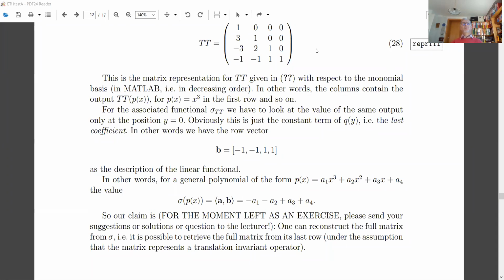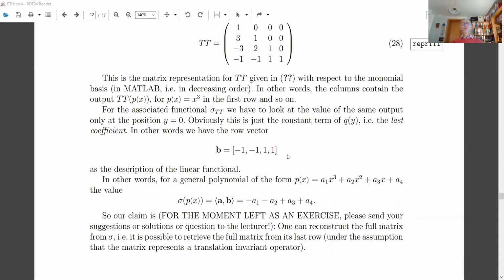Now, we don't have to do very much anymore, because if somebody is asking you, I have a polynomial, let's say the output of x to the third. It's another polynomial q of y. And what is the value at 0? It's clearly just the constant, because all the x to the k with k larger than 0 are vanishing, so it's just a constant term.